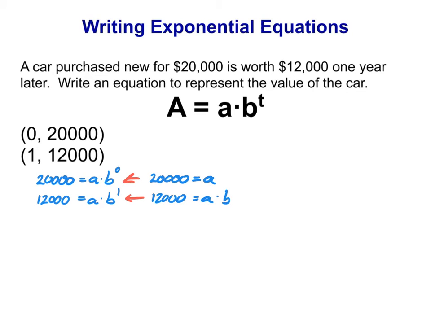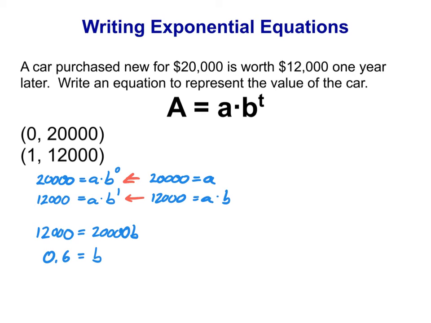So let's go ahead and do that there. I'm going to have 12,000 equals 20,000 times b. Notice, in order to get b now, all I have to do is divide both sides by that 20,000. And when I do that, I end up getting 0.6 equal to b.